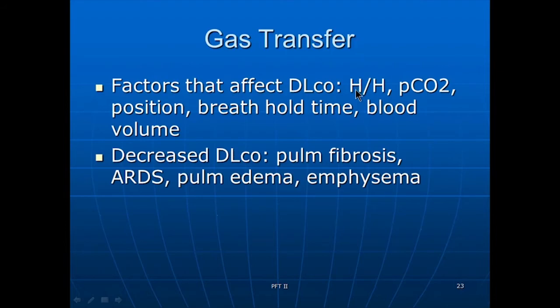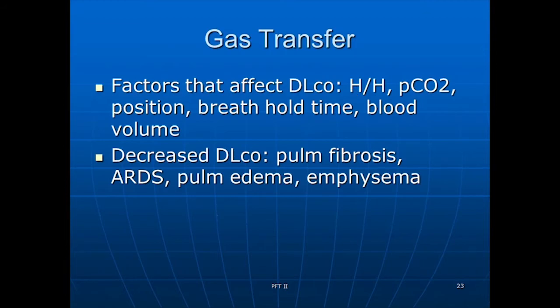If you have a low H&H, the DLCO is going to be decreased, because there's not a lot that can be attached to the hemoglobin. Not a lot can be transferred to the hemoglobin in the blood from the lungs, so the amount they get back is going to be greater. So if you have a decrease in your H&H, your DLCO is going to be low.